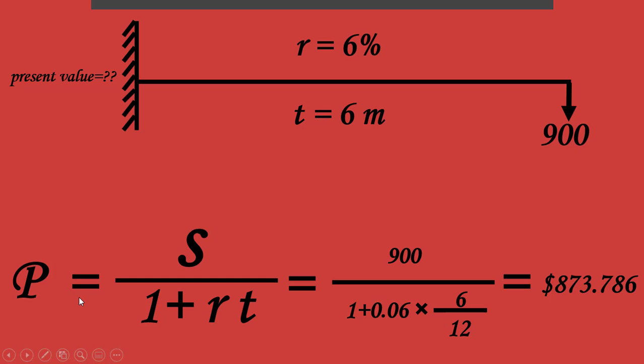In the formula P equals S over 1 plus RT, S equals $9,000, R equals 6%, T equals 6 months, so T equals 6 over 12. The present value will be equal to $873.786.